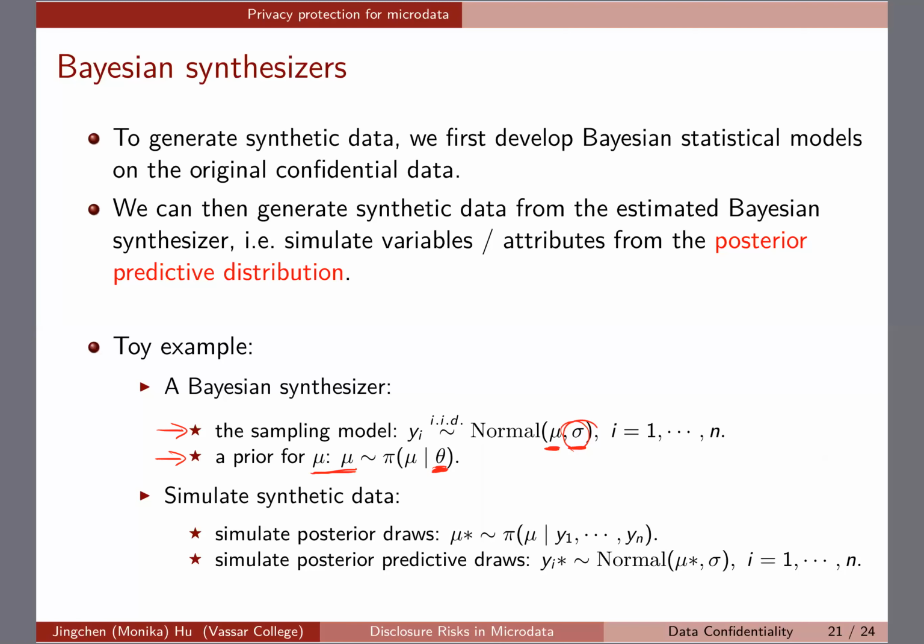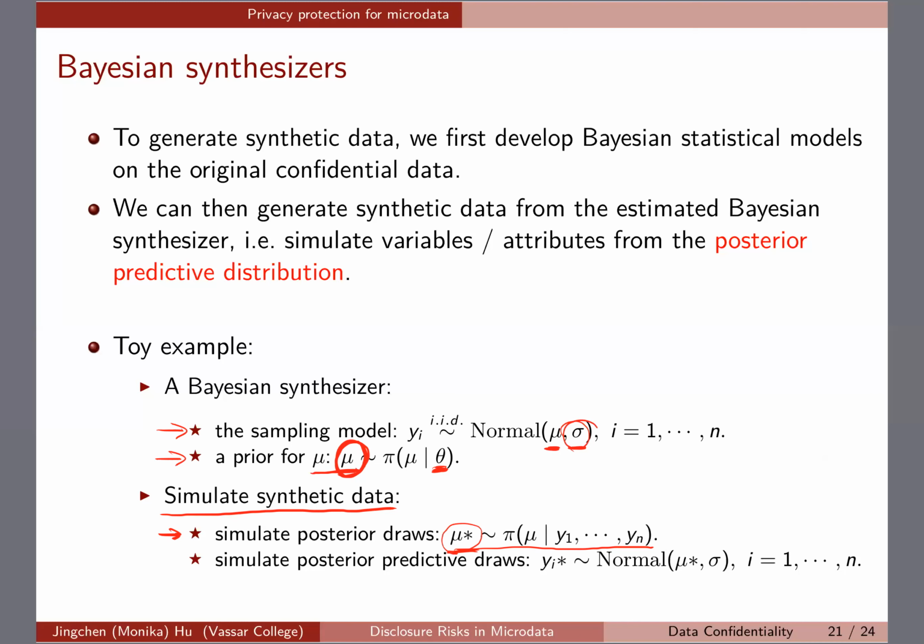And then in the end, you generate those parameter draws. In our case, you generate draws for mu. And then you are trying to simulate synthetic data. So there are two general steps here. If you have the posterior draws of mu, you can just have them over here. I'm using mu star here to represent the simulated posterior draws of mu, to differentiate from mu itself.